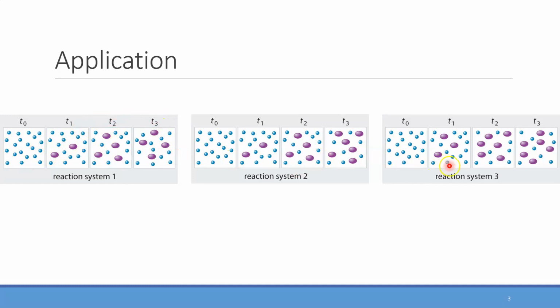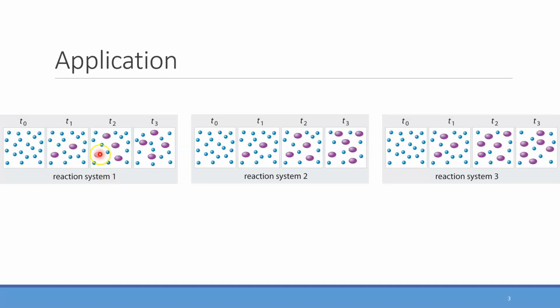So what we see here is that this system looks like it has achieved equilibrium at time 2, where we have 4 purple ovals and we still have 4 purple ovals over here. But you'll notice that they're not in the same exact place. That's because one of these blue dots might be changing into a purple oval, and then another purple oval is going to form.